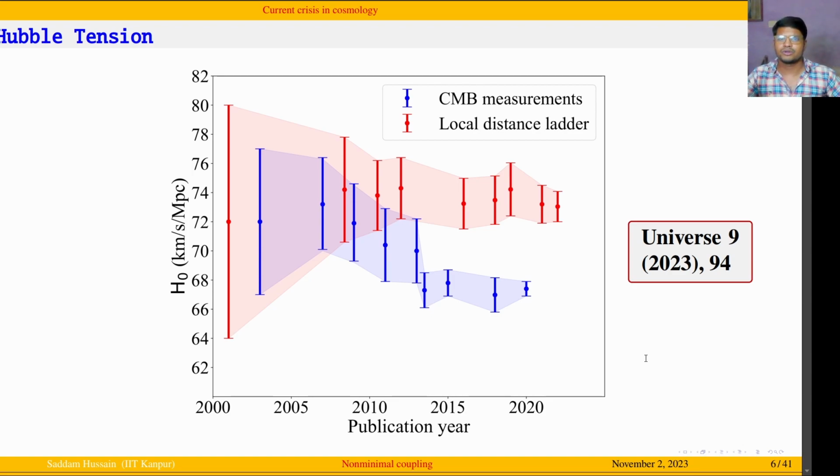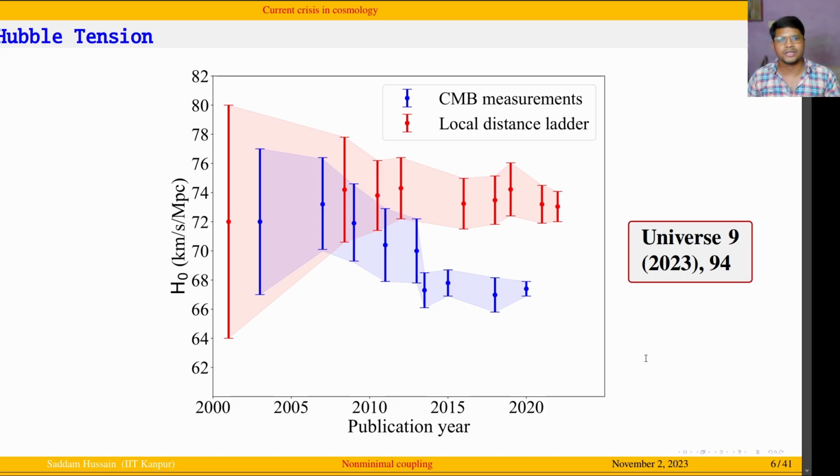In those two you can see that up to 2010 the data shows not much discrepancy, but after the recently released Planck 2015 and 2020 data, the local distance measurement has a huge discrepancy in the value of H0. From CMB the Hubble constant appears to be 67 to 68 kilometers per second per megaparsec. On the other hand, the local distance measurement gives about 74 kilometers per second per megaparsec. This discrepancy is huge, and it is challenging the standard model of cosmology.